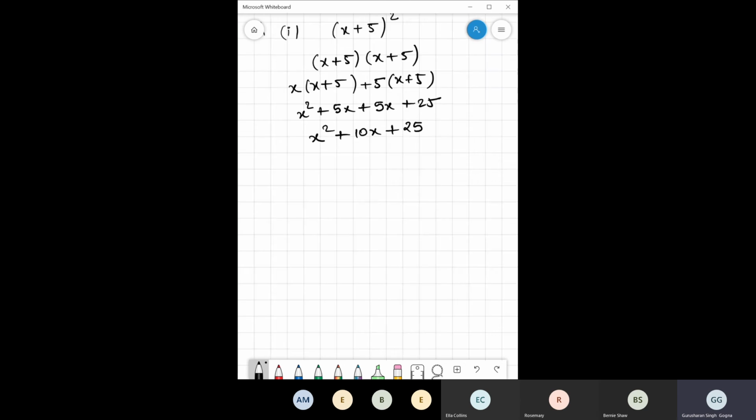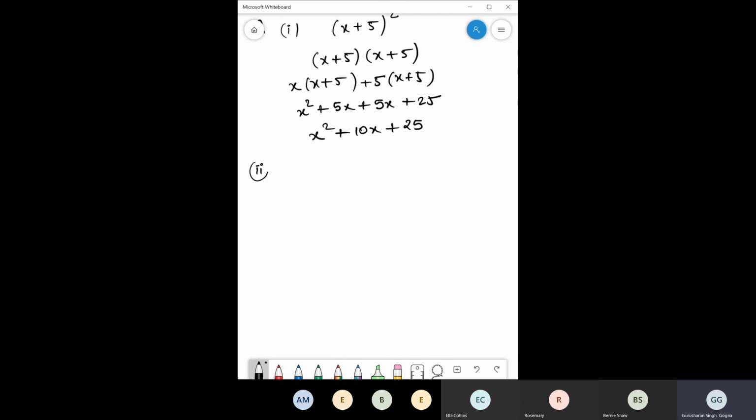Second part of this question is, hence or otherwise show that this expression (x + 5) whole square minus (x minus 5) whole square is always divisible by 4. You need to prove that the answer for this question is always divisible by 4. Forget about that at the moment, just simplify first.